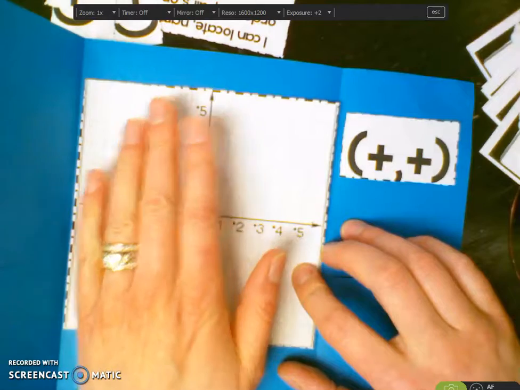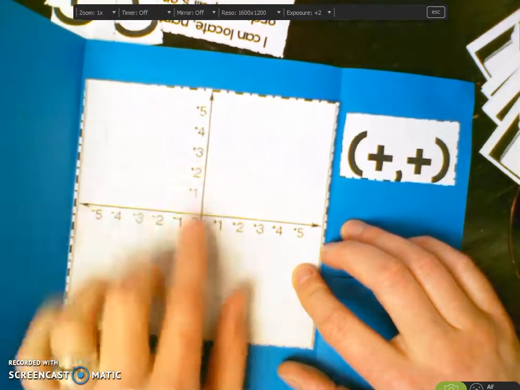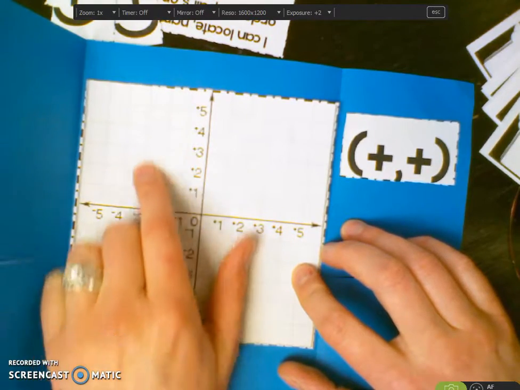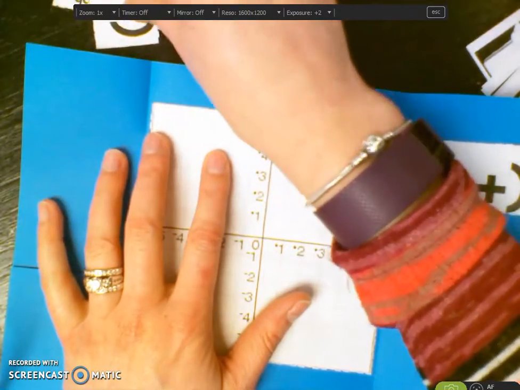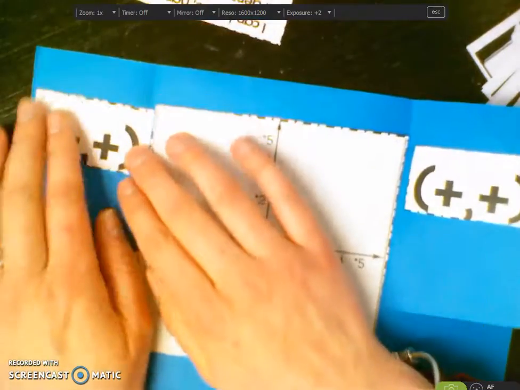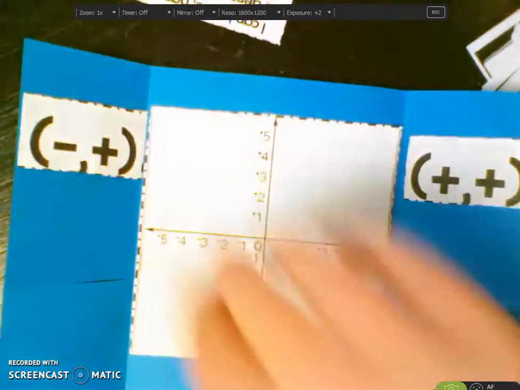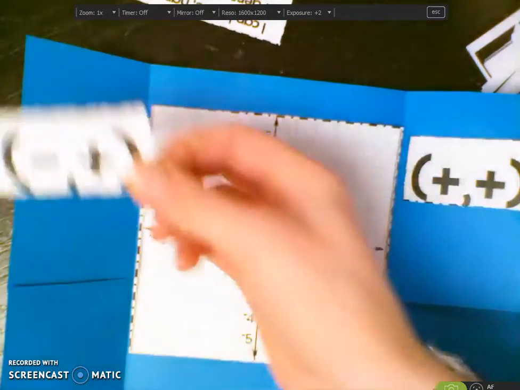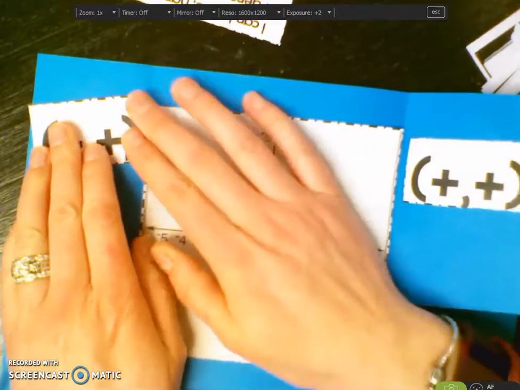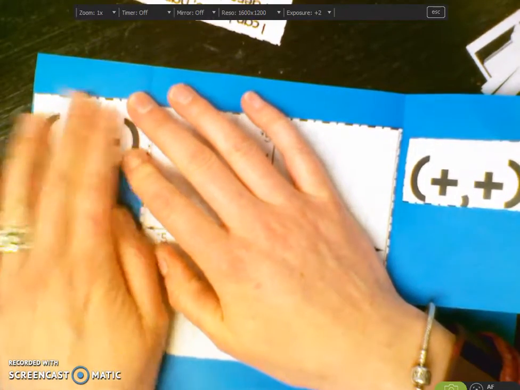So the numbers that we would graph in this quadrant are negative, then positive. So let's find the ordered pair that says negative, then positive, and glue it right in here.